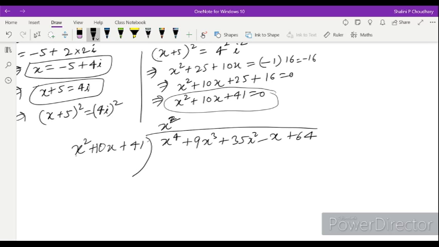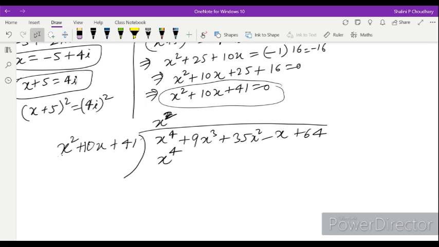Quotient x square. x square into x square will be x to the power 4. Then x square into 10x will be equal to 10x cube. Then x square plus 41 into 41 will be equal to 41x square. Okay, now we have to subtract this. We'll get 0.